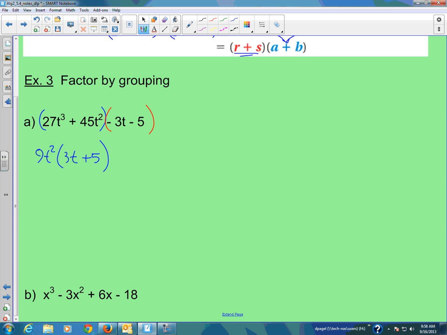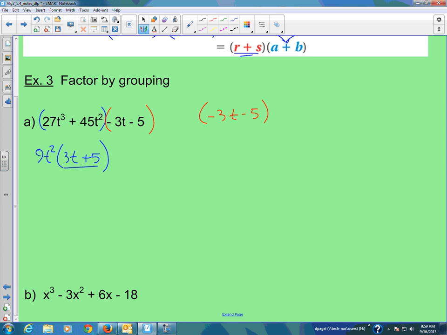In the red group, I noticed that out of the 3 and the 5, there's nothing in common, and the t is by itself. So what do you do here? Well, if you look at the blue 3t plus 5 binomial that we just found, and you consider the red group of negative 3t minus 5, you'll notice that each of those are just opposites of one another. Positive 3t, negative 3t.